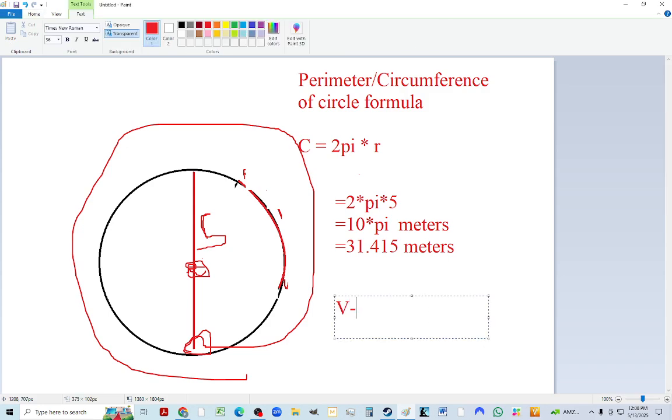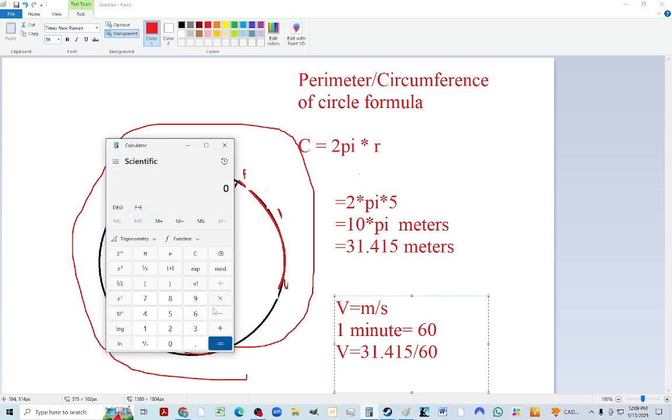If they want to know the velocity in meters per second, and it takes me 1 minute to go around, we have to convert that to seconds because they want it in meters per second. 1 minute is equal to 60 seconds. Well, we know the distance I went around is 31.415, and the time is 60. So I take that and I just divide that. And that's how we were doing that speed before. 31.415.